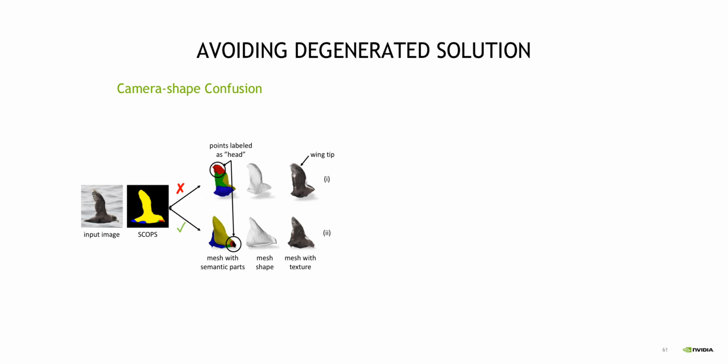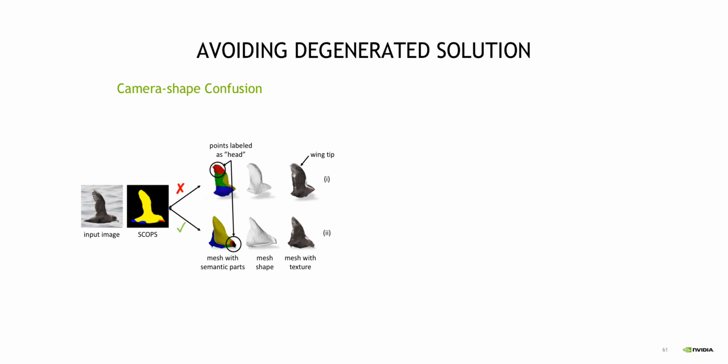So in this slide, I want to discuss a fundamental question in self-supervised learning, which is how to avoid degenerate solutions. In image-based 3D reconstruction, since we assume no shape prior in our method, the camera-shape confusion itself is a typical sort of degenerate solution.